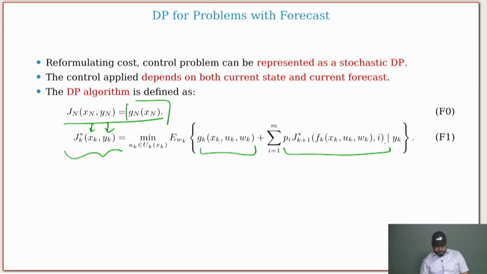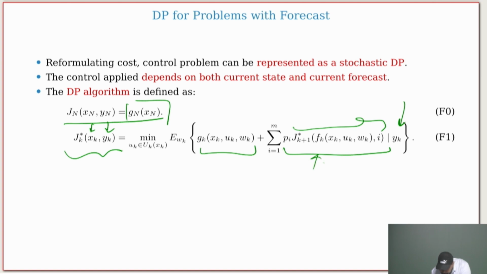Now this is written as an expected cost because you can see this is pi, the probability of following one distribution. That's why we wrote this as expected, and this is the cost from k+1 onwards. So given the observation yk, what would be the expected cost from k+1 onwards?